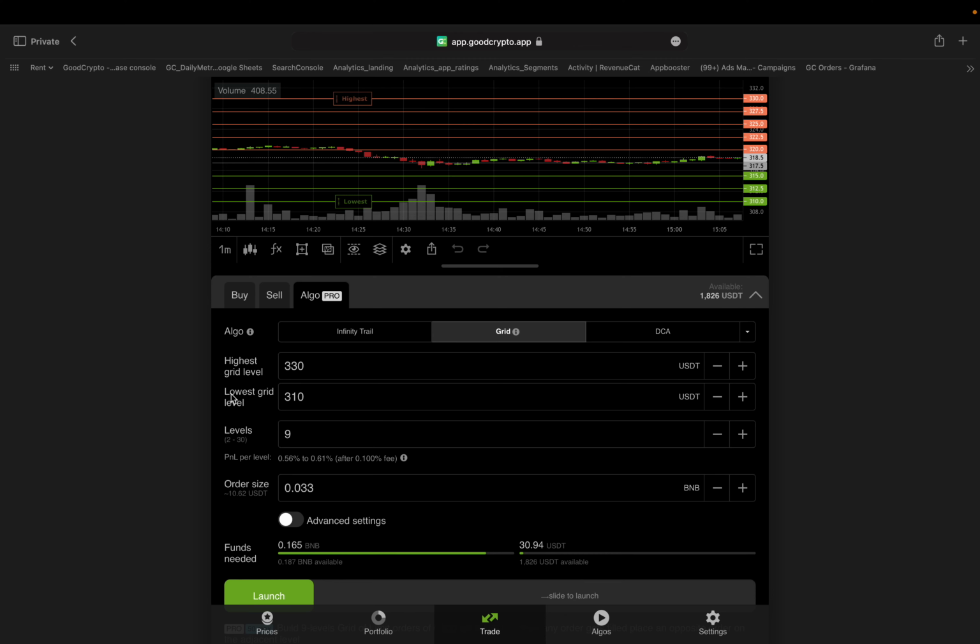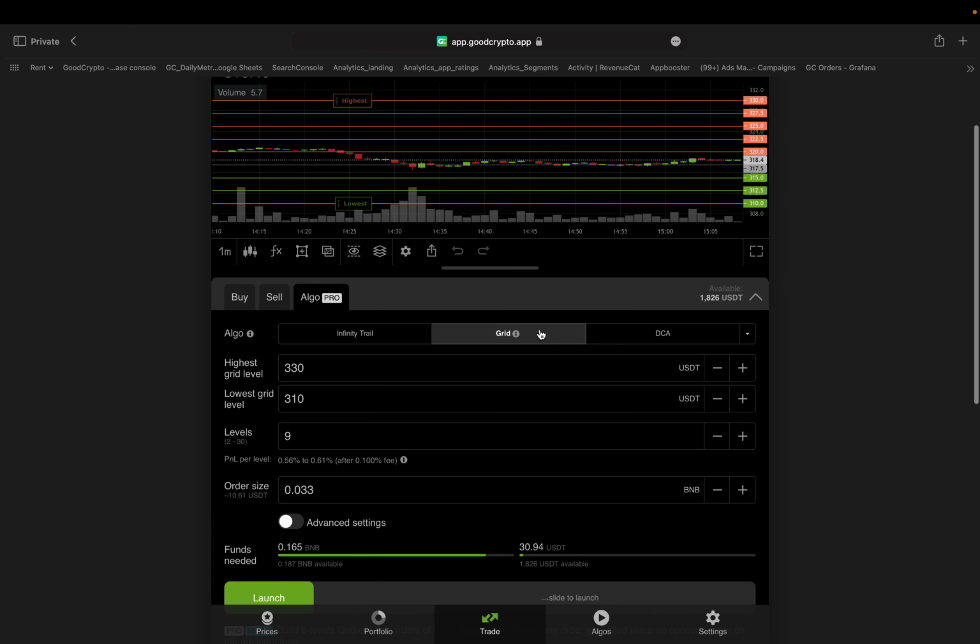So you're selling BNB here, but you're spending USDT to buy BNB here. So you need USDT for these orders and BNB for these orders. 3 times 10.6, that's roughly $31. So that's what you need.